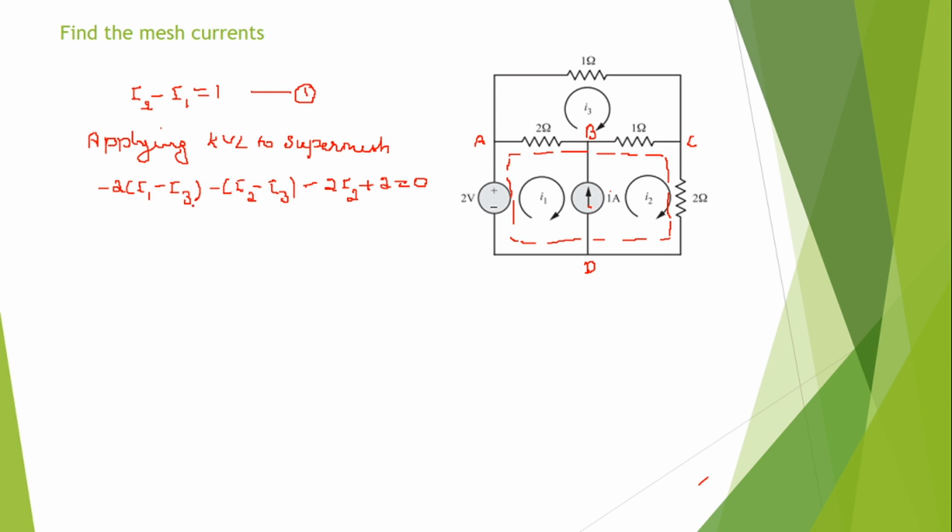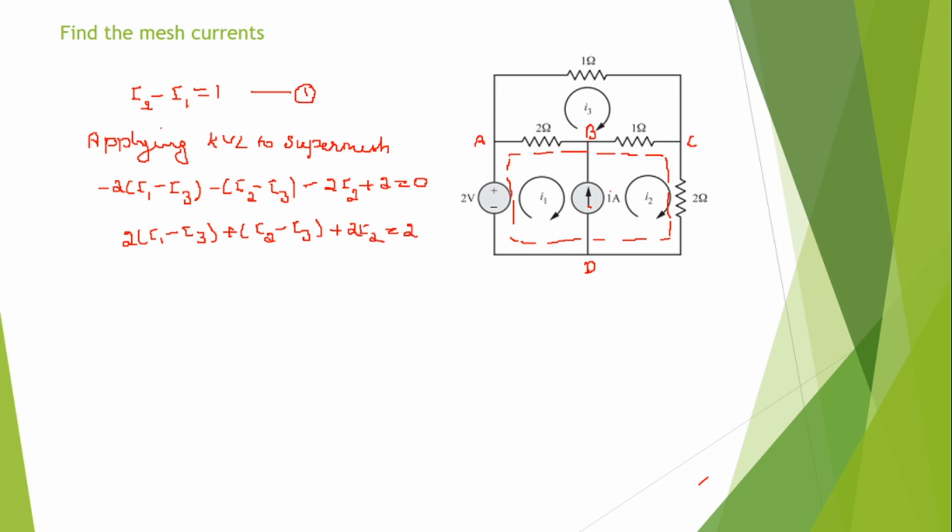Changing all the source voltage drops across the passive elements to the other side. So 2(I1 minus I3) plus (I2 minus I3) plus 2I2 equal to 2.